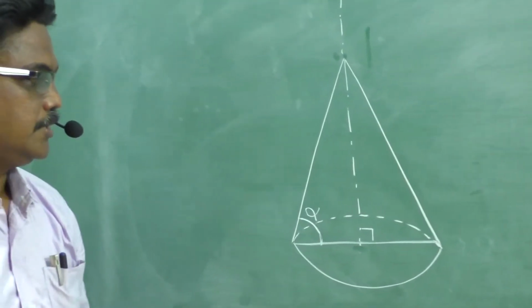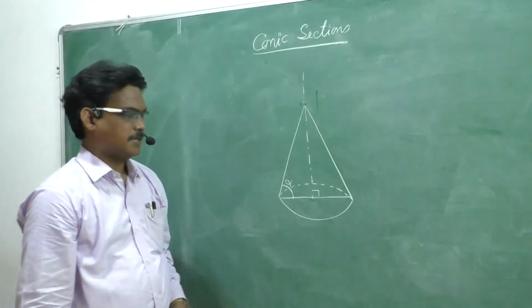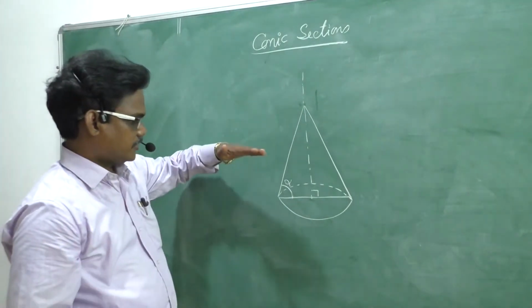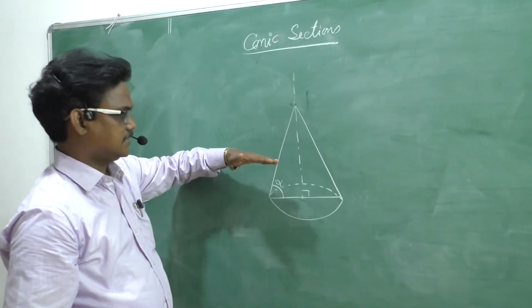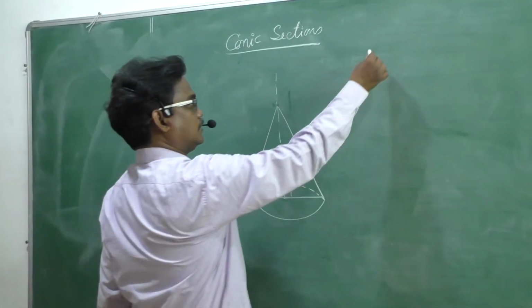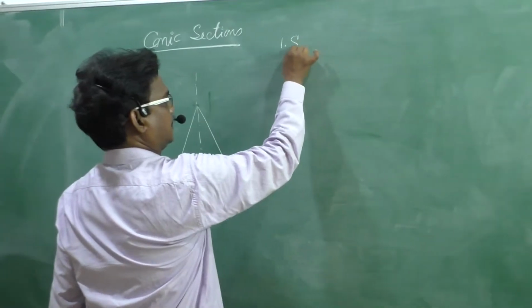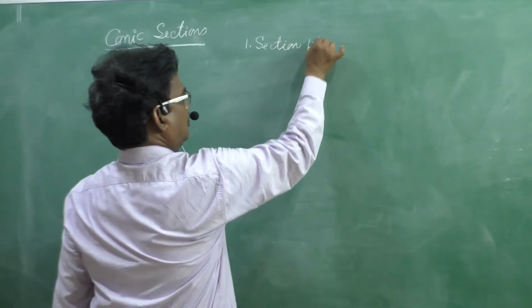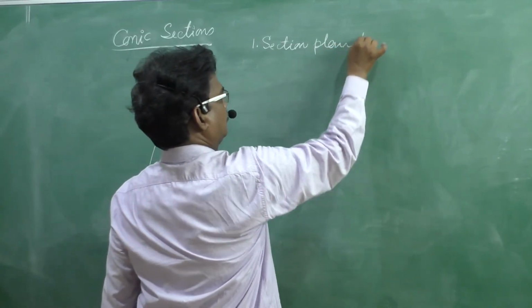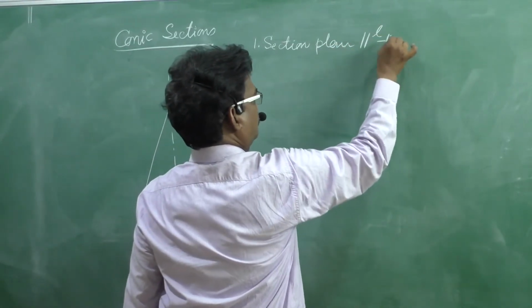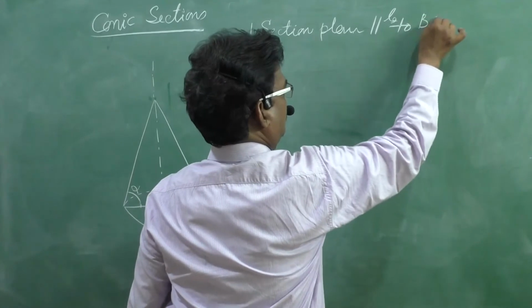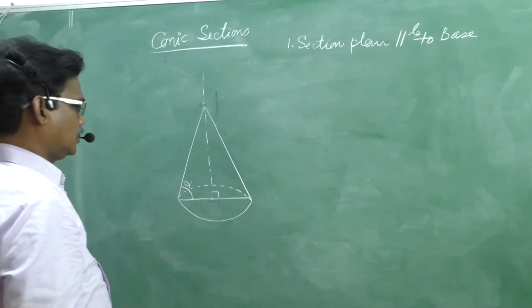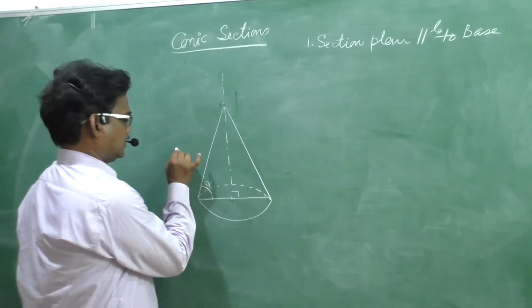Now a section plane we can consider. First, we consider the section plane parallel to the base of the cone. Now it is cut like this.